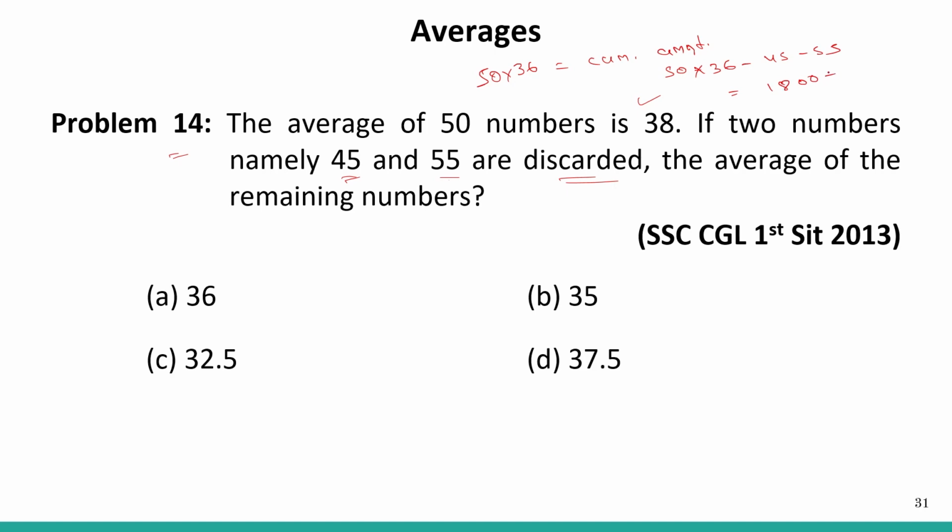So this much minus 100 is equal to 1700, the remaining cumulative amount of 48 numbers. To get their average, 1700 by 48, because we have discarded two numbers now. So the average of the remaining numbers will be this much. So 850 by 24. So this is 12 and this is 425.